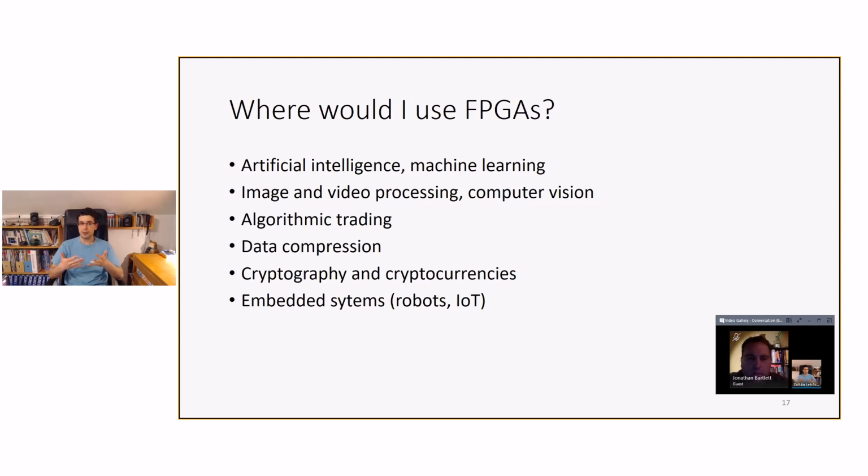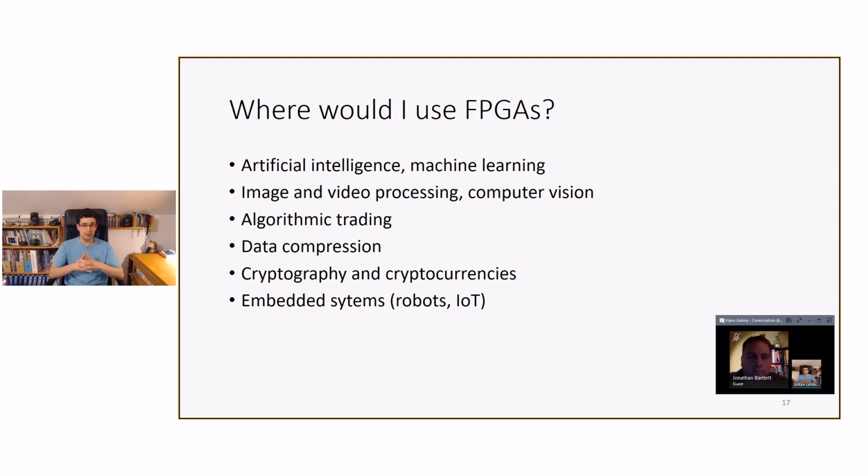Data compression, although it's not completely compute bound, has a lot of I/O and is sometimes also suitable for FPGAs. I'm mentioning cryptography and cryptocurrencies together because the compute intensive task here is hashing, the hash functions, and FPGAs can be used for that as well.